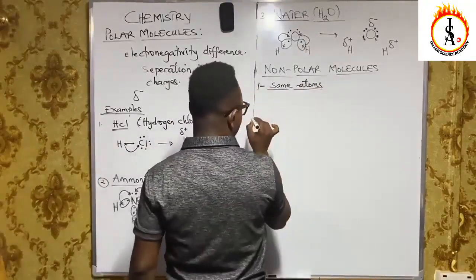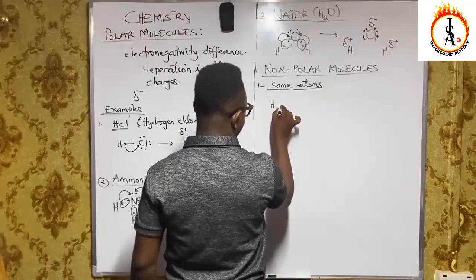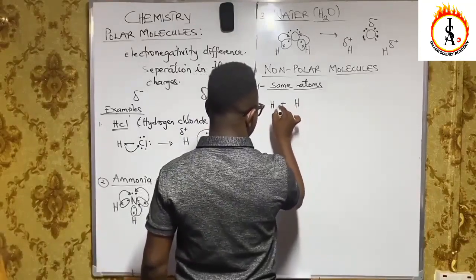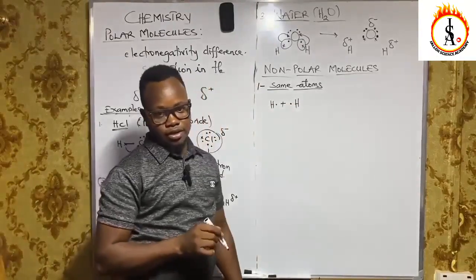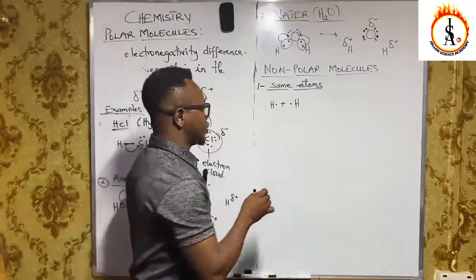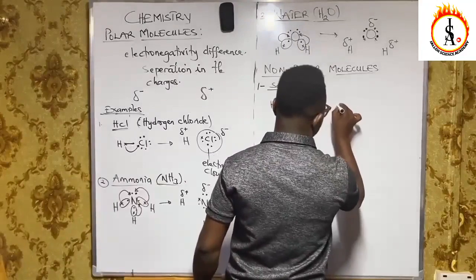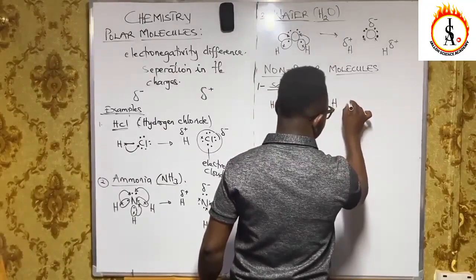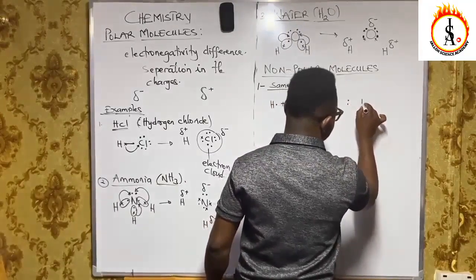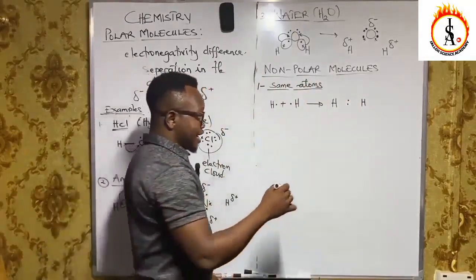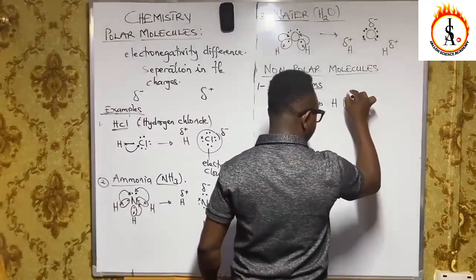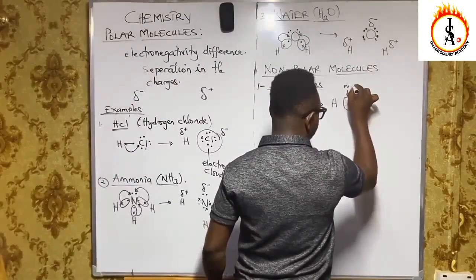Example, if it is formed between a hydrogen and a hydrogen, each hydrogen contributes 1 electron here. What happens in this situation? The electron pair contributed is going to lie exactly midway. It lies in the middle.